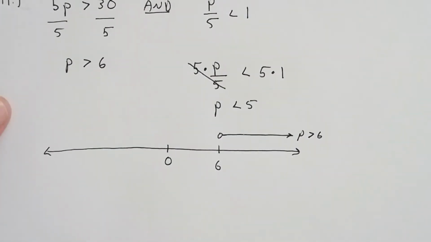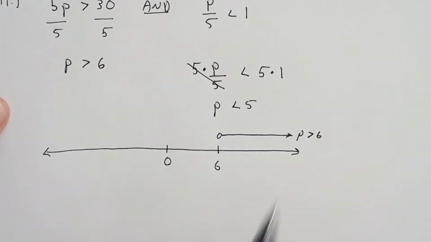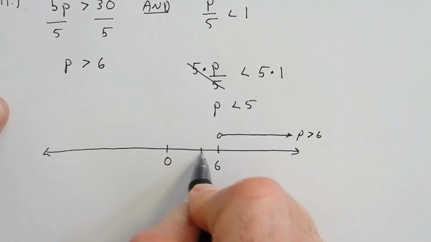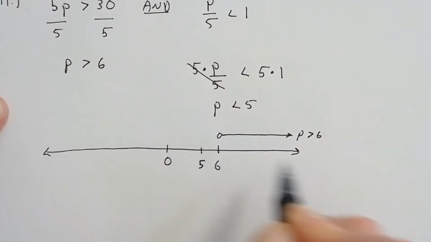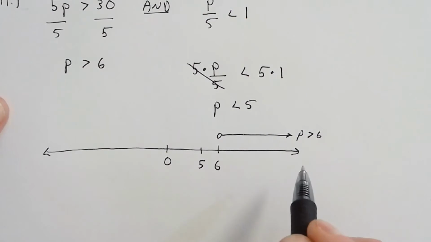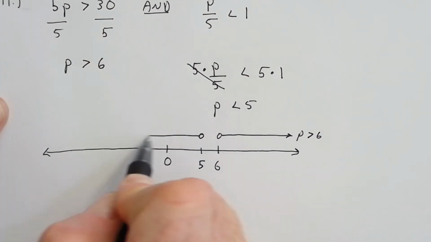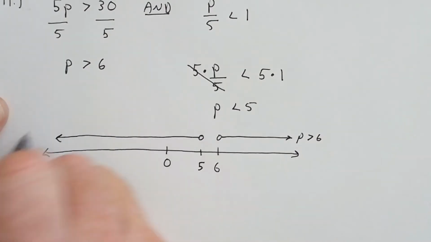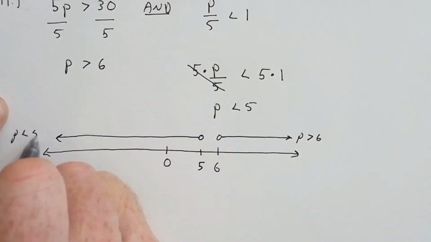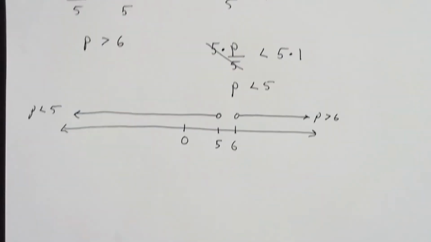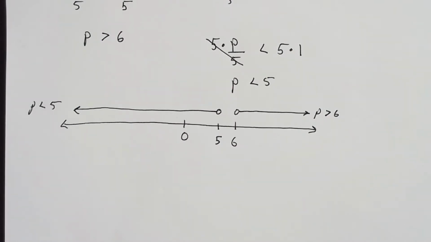And we have P is less than 5. Open or closed? And so that's what that would look like.